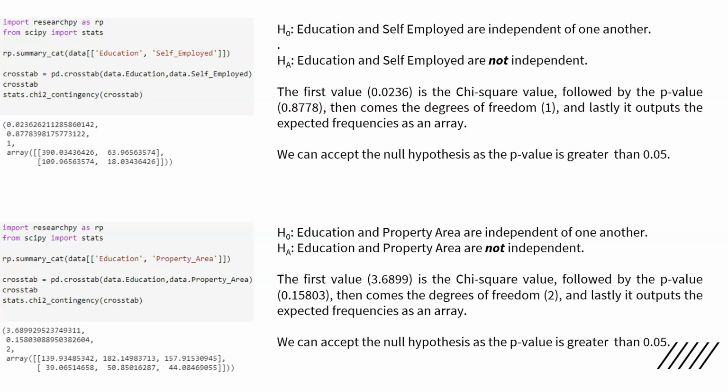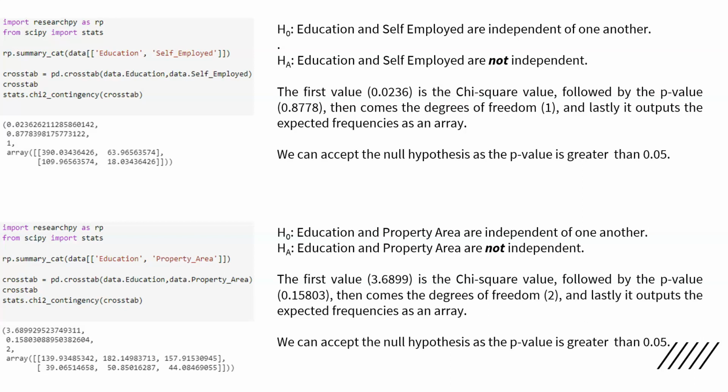Let's see one more example, education and property area, right? So here also, the p-value is turning out to be greater than 0.05. That means there is no relationship between these two variables, right? So whenever we have two categorical variables, we use the concept of chi-square, right? The primary metric that we are looking at is the p-value, right?